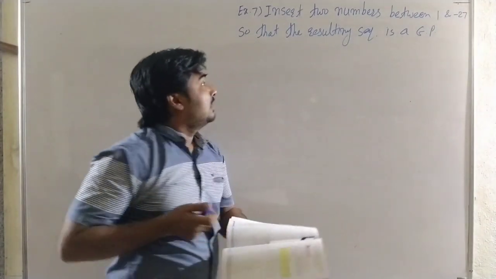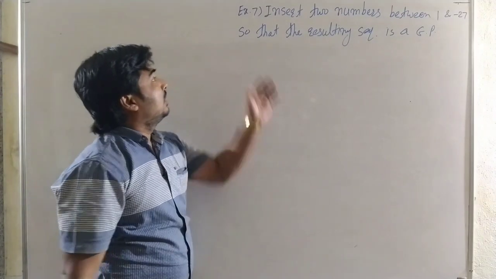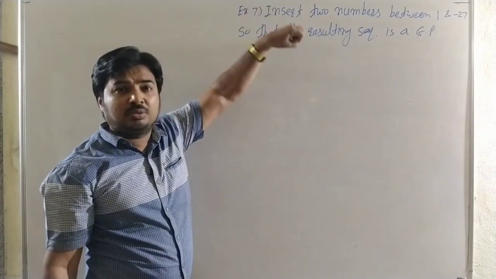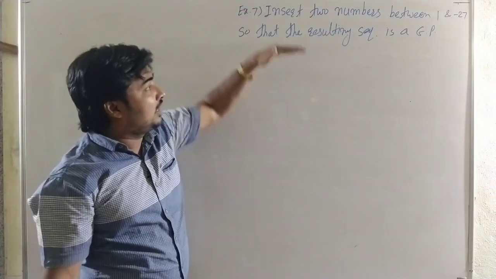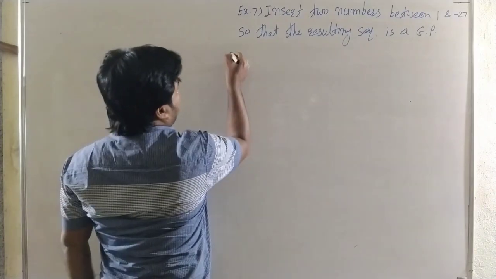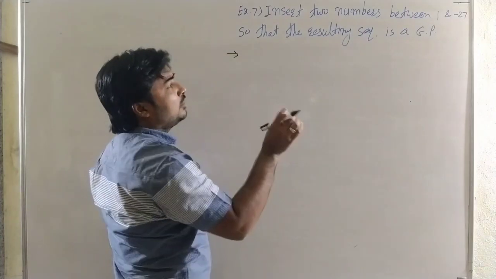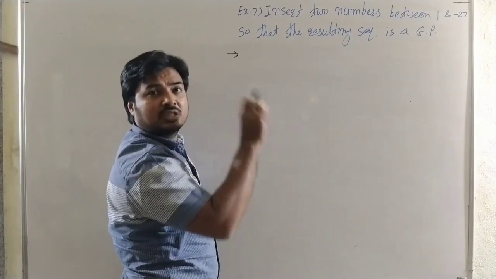Now the concept is same as the last example. In the last example, we inserted two numbers between the given numbers so that the sequence forms a harmonic progression. Now here the sequence forms a geometric progression. For the geometric progression, we consider the two numbers g1 and g2. In the harmonic progression, we considered h1 and h2.